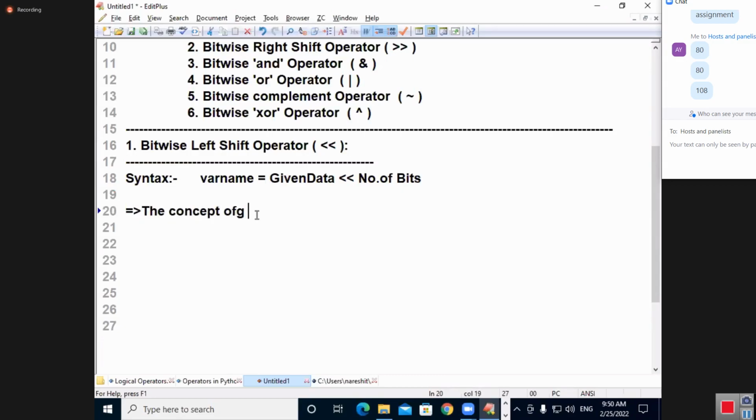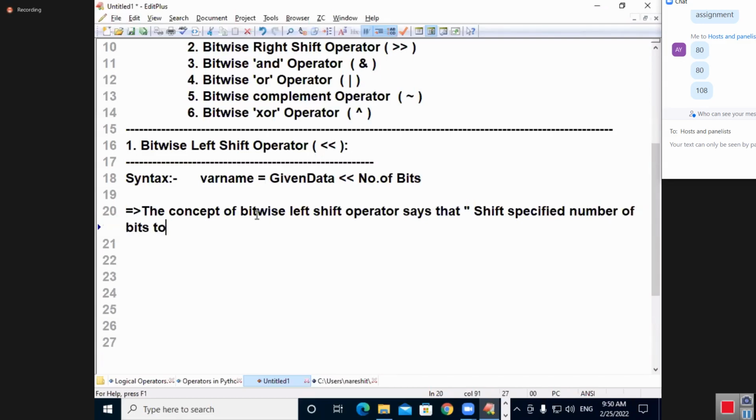The concept of the bitwise left shift operator says that shift the specified number of bits towards the left, by adding zeros at the right side.